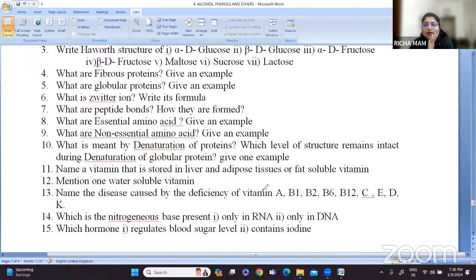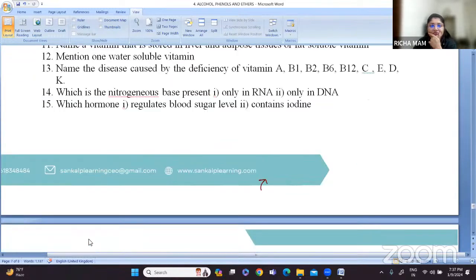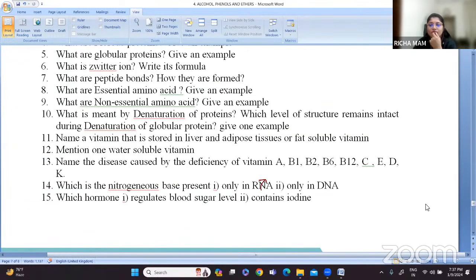Vitamin A. What does vitamin A cause? Yes, night blindness. Good. Priyanka and Vedvati have answered it right. Vitamin A causes night blindness.